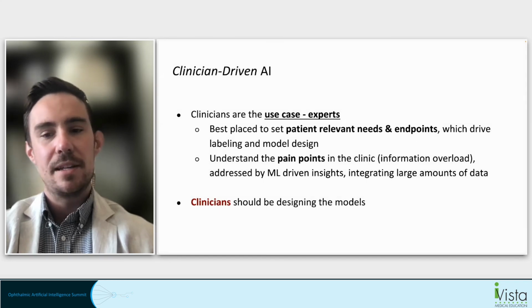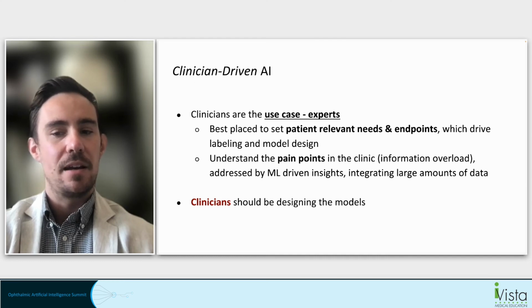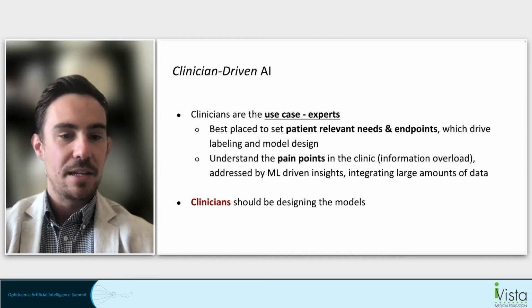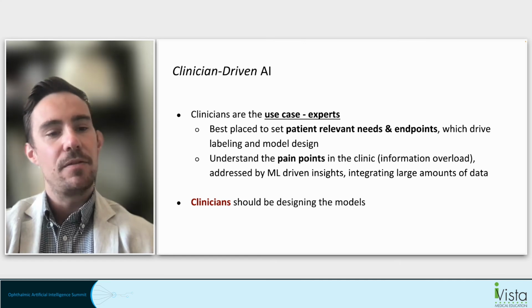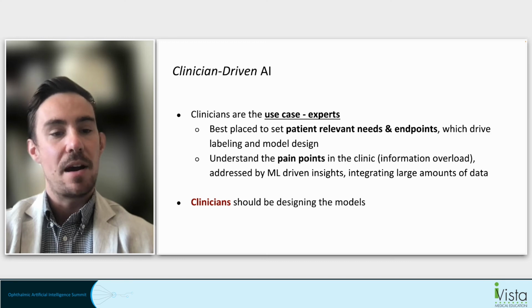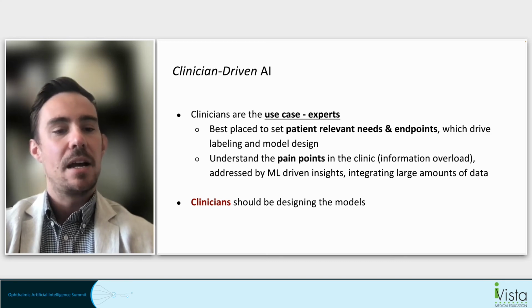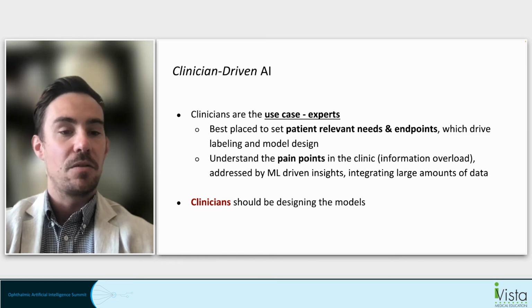So what is clinician-driven AI? I believe clinicians, like I said, are the use case experts. And so if we design models with patient-relevant needs and endpoints in mind, which then drive labeling and model design, I think that'll go a lot further than how we currently design models.